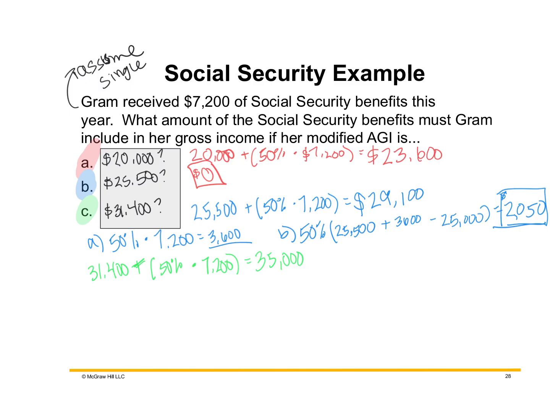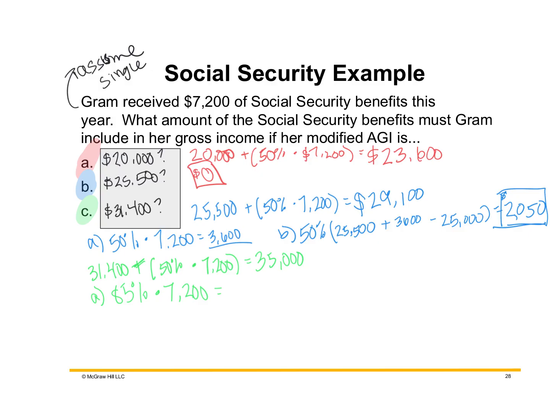So let's figure out letters A and B to figure out what our lesser number is. So A is 85% of the Social Security benefits. Pretty straightforward. I'm going to take 85% and multiply that by 7,200.